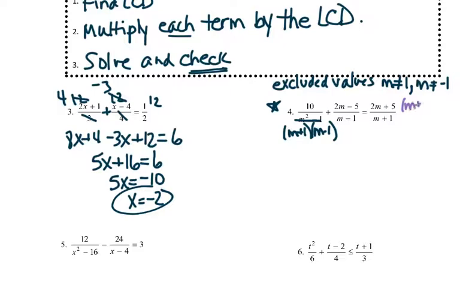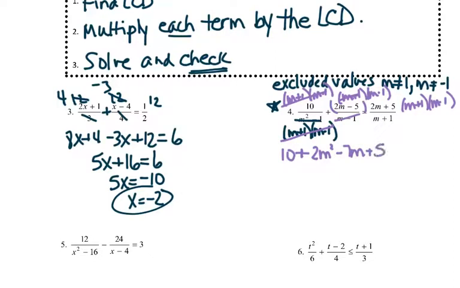I'm going to multiply each term by my LCD: M plus 1, M minus 1. Then I can start the fun canceling, right? Here the M minus 1's cancel. That's going to be a FOIL. So it's going to be what? 2M squared, I'm doing it in my head, minus 7M plus 5. And then here the M plus 1's cancel.